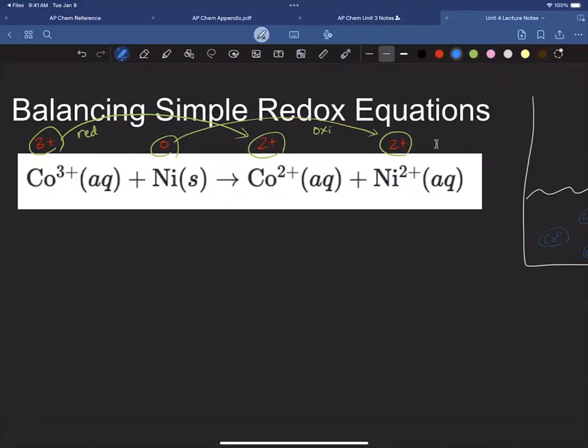Okay, so in order to balance it, we first have to write something called half reactions. Let's first look at the oxidation half reaction. We know that nickel is being oxidized here, so we write nickel here.